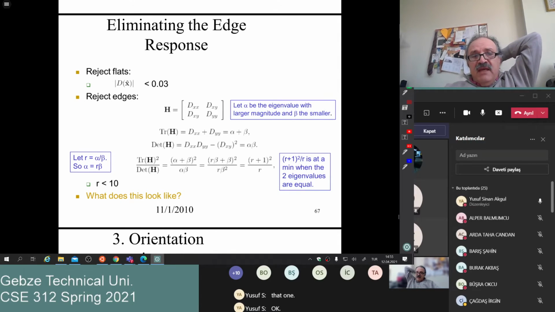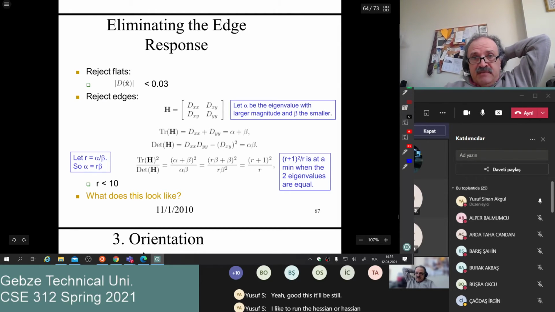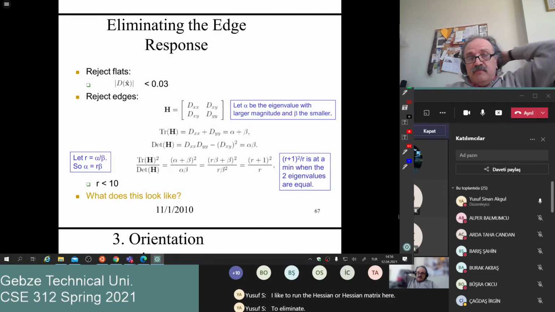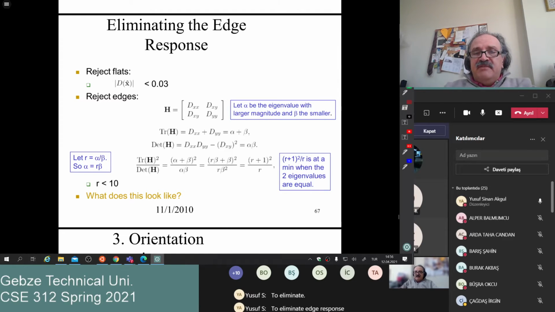We still like to run the Hessian matrix here to eliminate edge responses or the flat area responses.